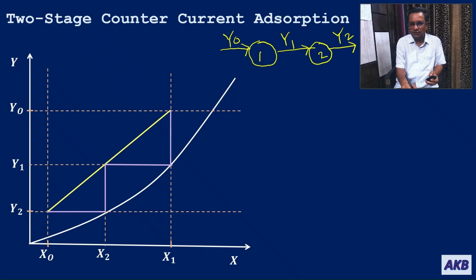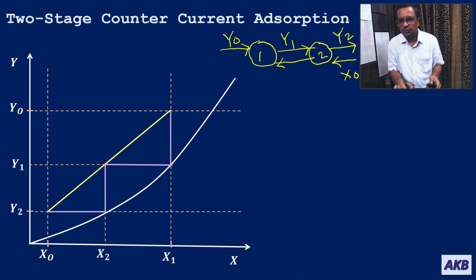In the feed, the concentration is Y0. For the adsorbent phase, which enters stage number 2, concentration is X0, and then the solid phase or adsorbent phase that leaves stage 2, concentration is X2, and the adsorbent phase that leaves stage 1, the concentration is X1.